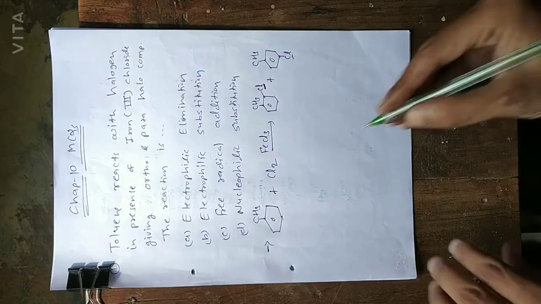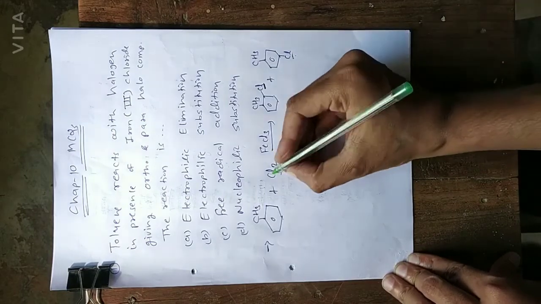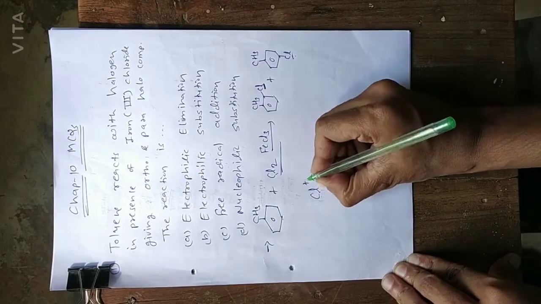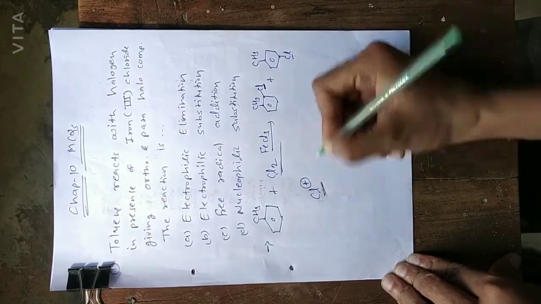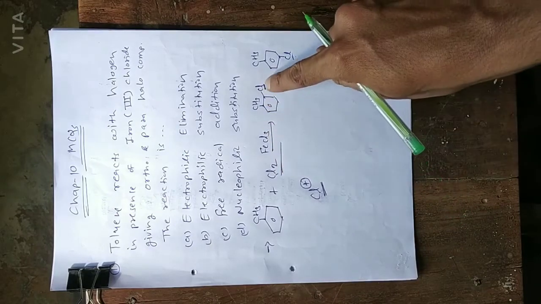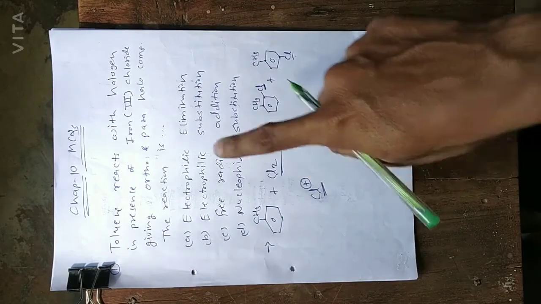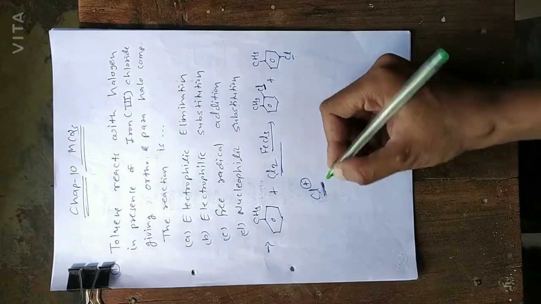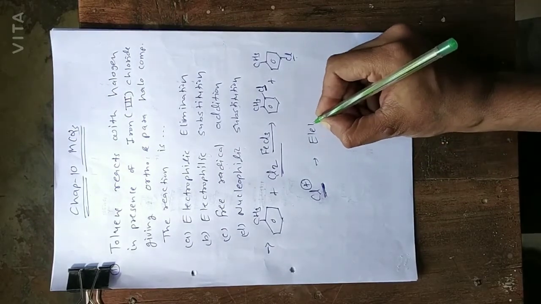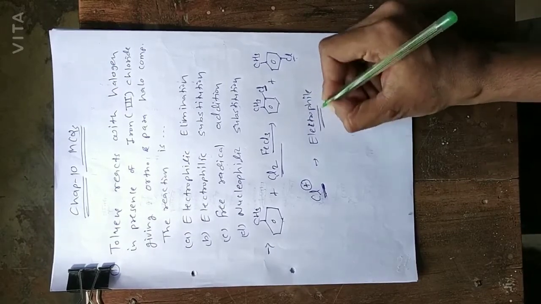Now for that you have to check the mechanism. You have learned that in 11th standard. This Cl enters in the benzene ring as Cl plus ion. So plus ion is there, positive ion, it is electrophile because it is attracted towards electrons.